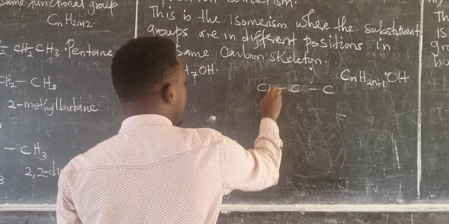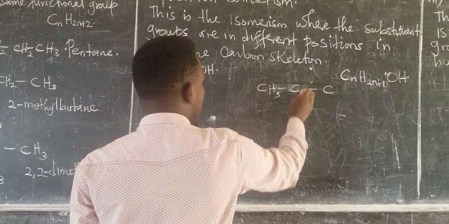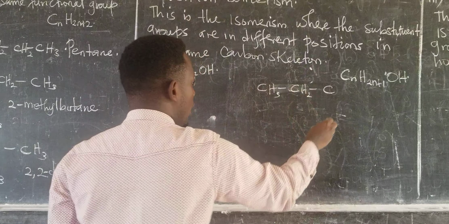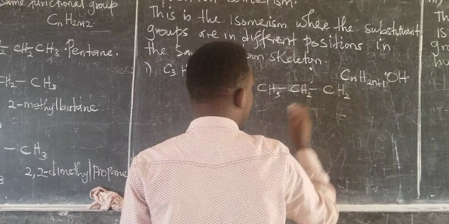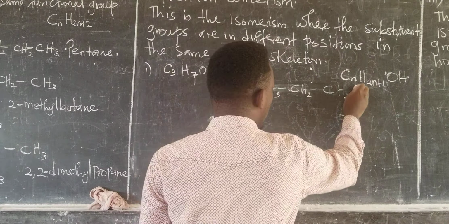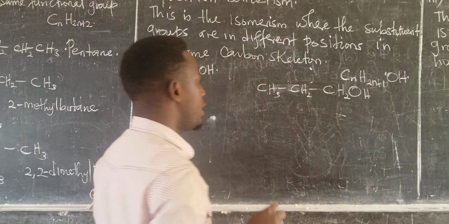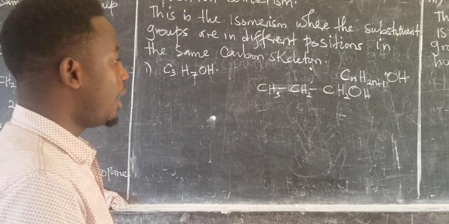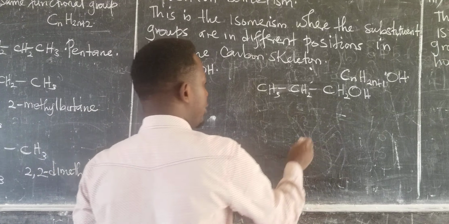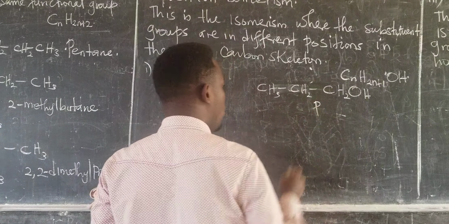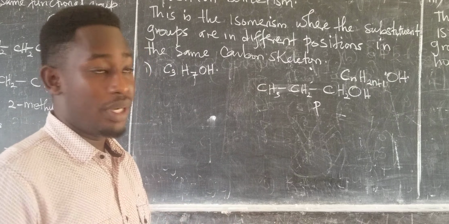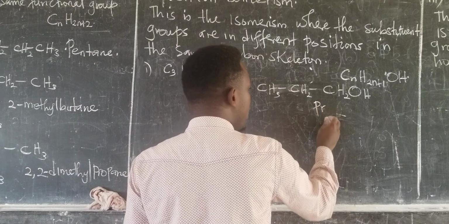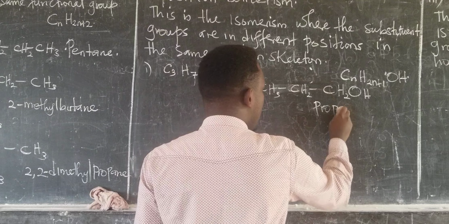So I can create here a CH3, I create here a CH2, I create here a CH2 again, and then I attach OH on that carbon, the last carbon, which can also be the first carbon. And the name here, of course, alcohols are derivatives of alkanes, and therefore even the names come from alkanes.